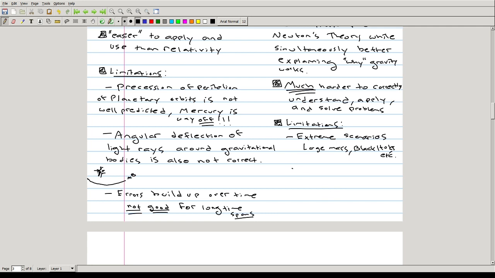So in general, Einstein's theory of relativity doesn't mesh well with quantum mechanics.